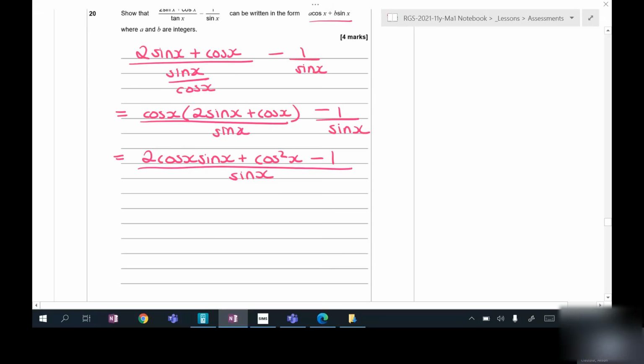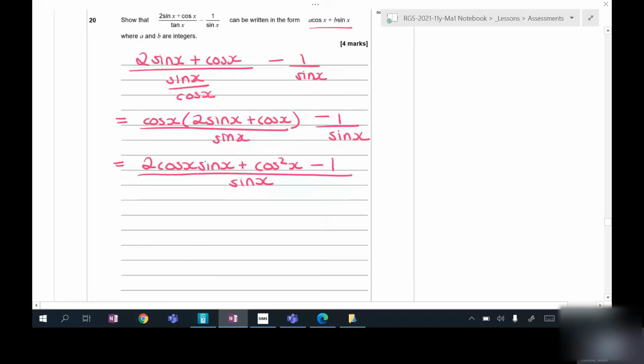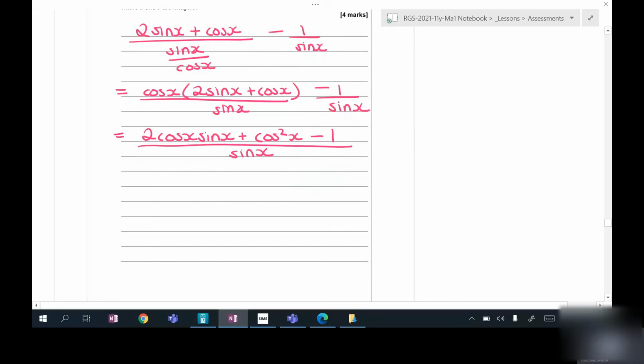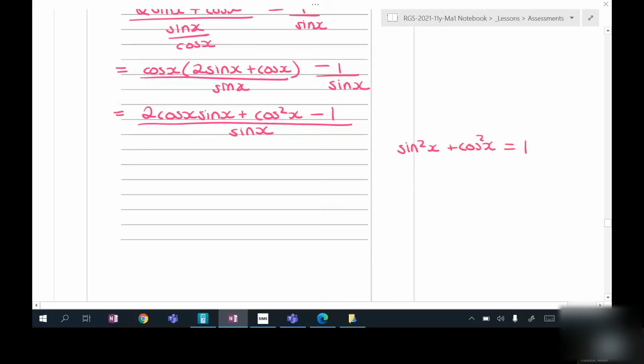So I need to simplify this numerator. Remember we've got the identity sine squared x plus cos squared x is 1.